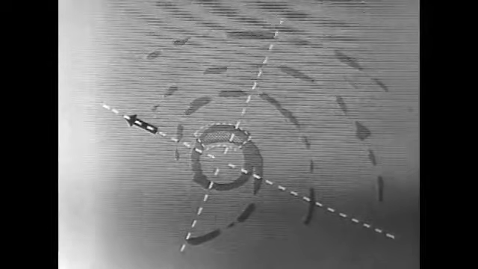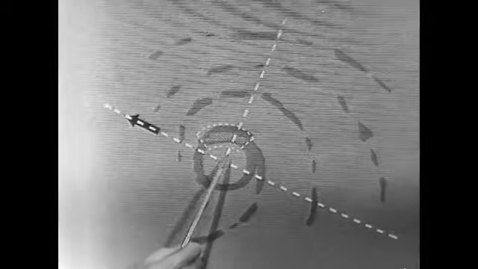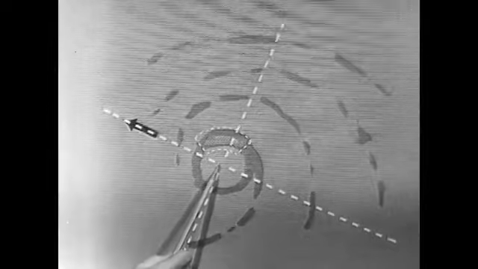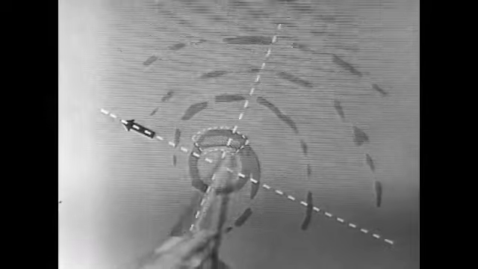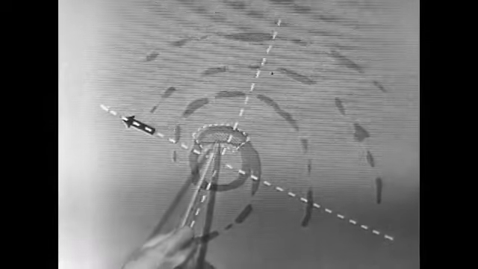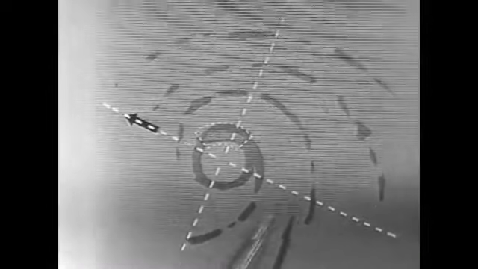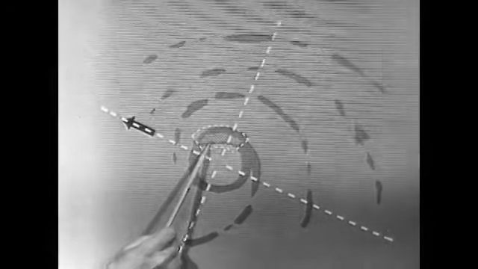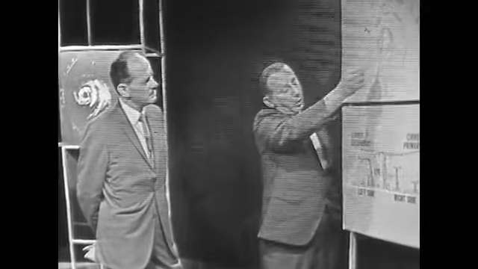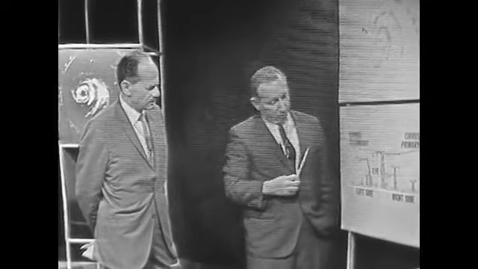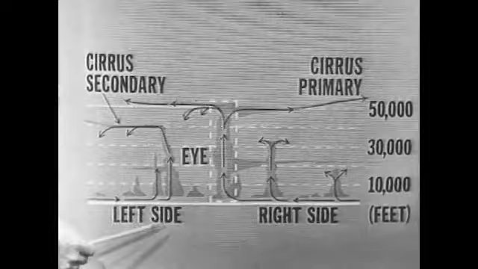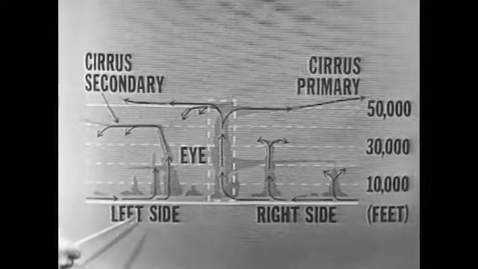This schematic diagram, which corresponds to the radar picture which we just looked at, shows the central eye region of the hurricane where there are very few clouds, the eye wall surrounding the eye, where we have a heavy concentration of clouds, the spiral bands of precipitation, and here we see the direction of motion of the hurricane. There is a chimney of very tall cumulonimbus clouds in the right forward quadrant of the hurricane, which is shown better in this vertical cross-section through the hurricane.